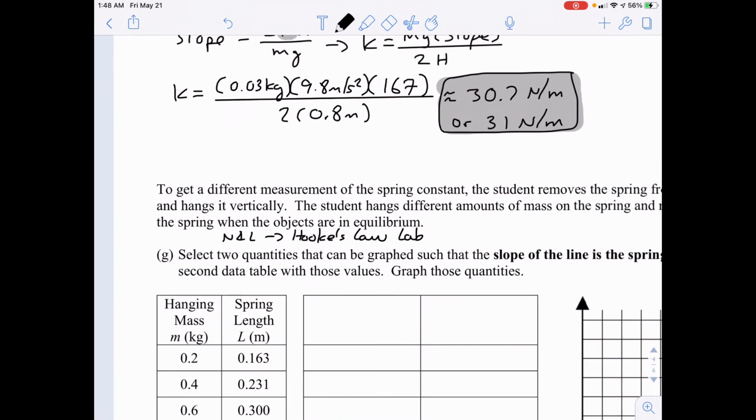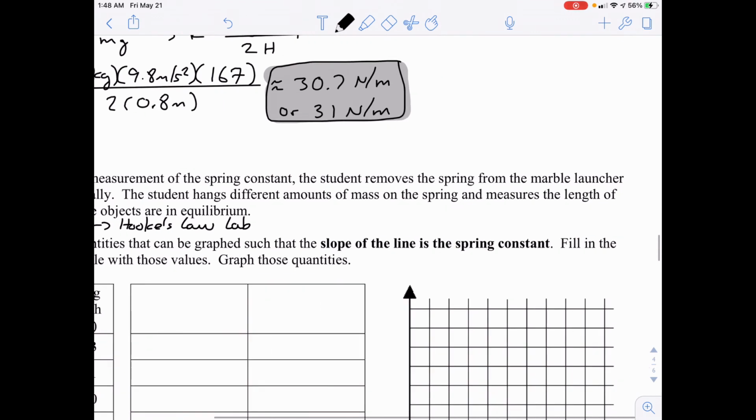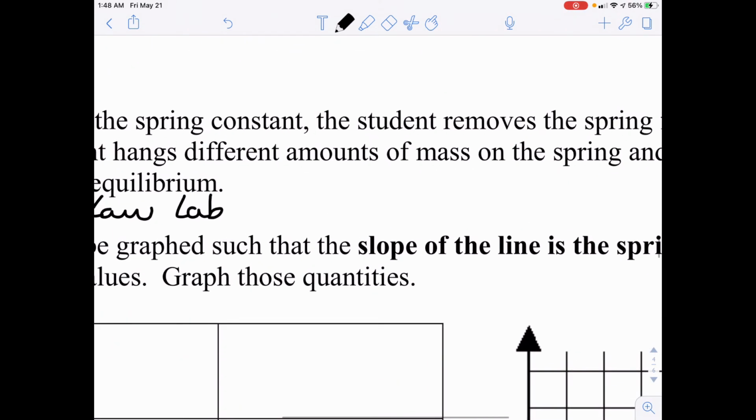Essentially, if you take a look at my picture right here, you're simply going to hang mass on a spring. You've got the weight going straight down, and you've got the spring force, kx, going up. You're simply equating those two: kx equals mg.